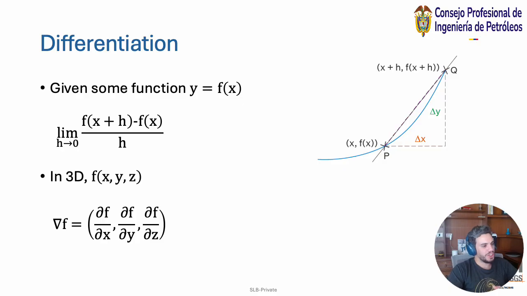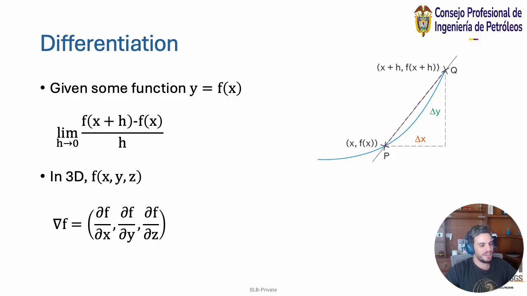Starting with differentiation. So differentiation tells us how a quantity changes with respect to another. In petroleum engineering, pressure changes with respect to distance, fluid velocity changes with respect to location, and temperature varies in space.